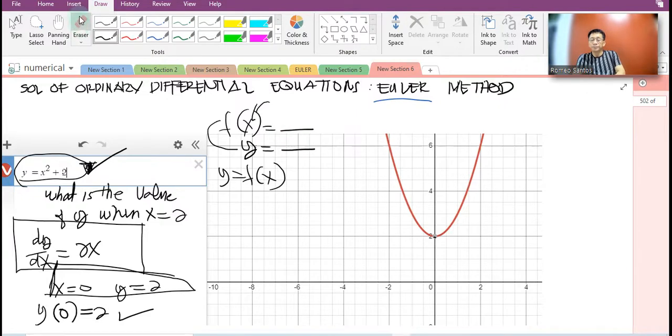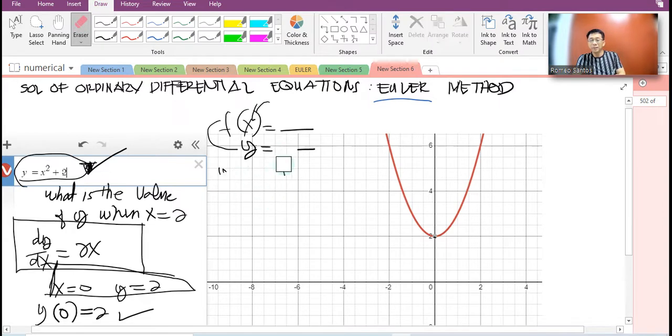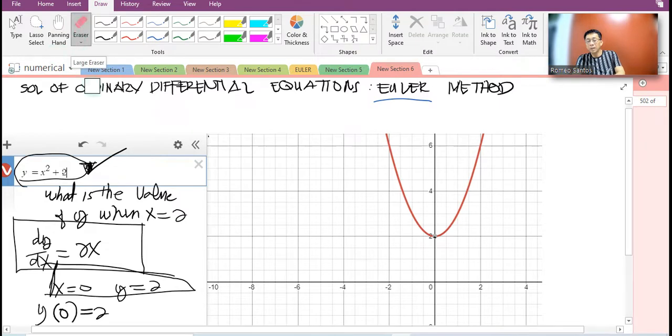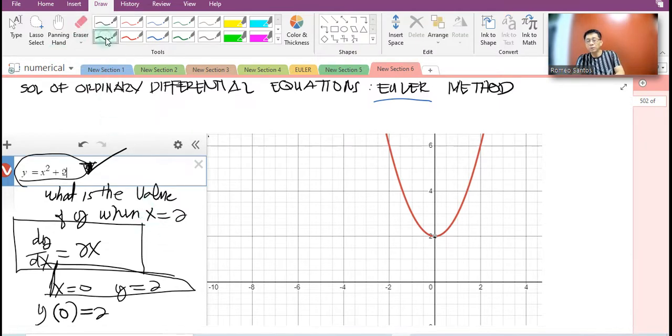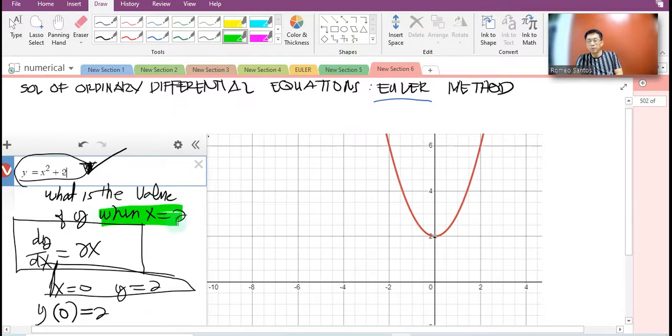So, ano tayo? So, pinapasolve sa atin yung value ng y. Wala pa tayo. When x is equals to 2. So, ito yung pinapahanap. Okay? When x equals to 2. Yan. What is the value of y when x equals to 2?